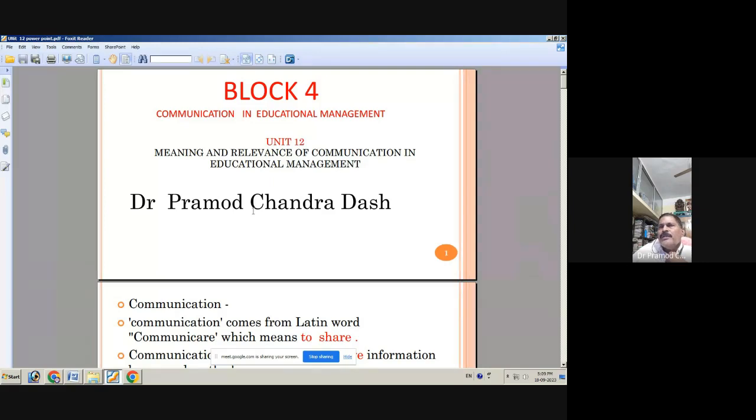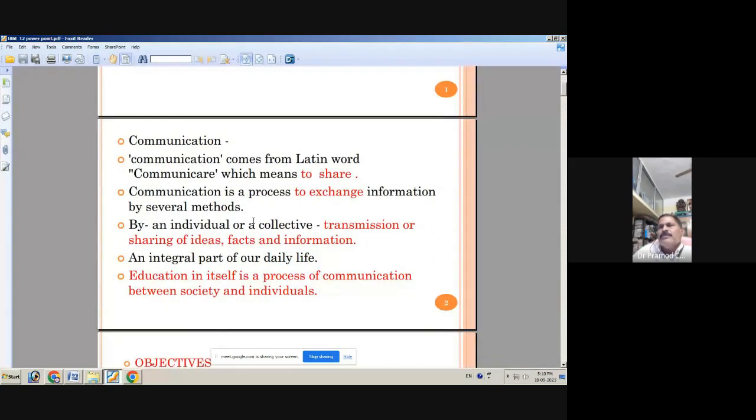Today we'll have to complete Block 4, and in this Unit 12, we'll discuss the meaning and relevance of communication in educational management. So definitely we must know what communication is.